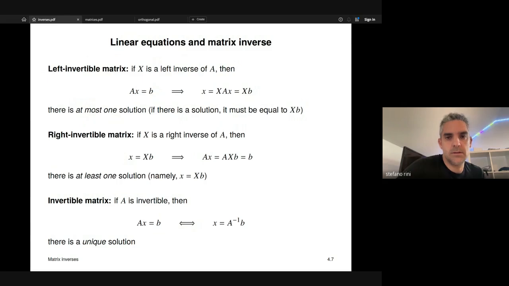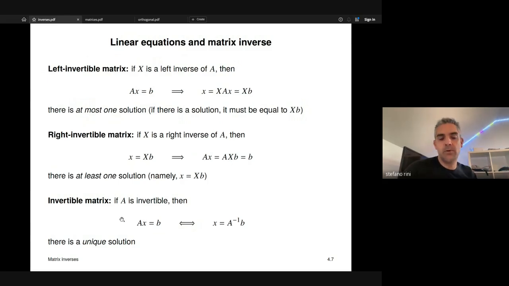AX is equal to B means that X is equal to the left inverse, so big X times A times X is equal to big X times B. So there is at most one solution, and the solution must be equal to X times B. If we have a right invertible matrix, so if X is the right inverse of A, then there is at least one solution.